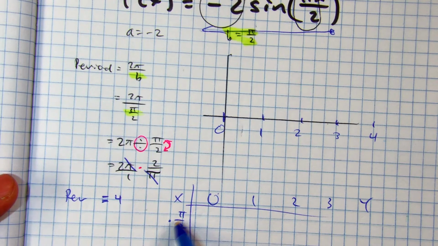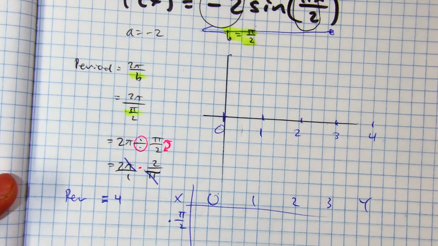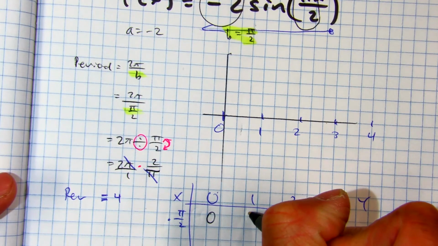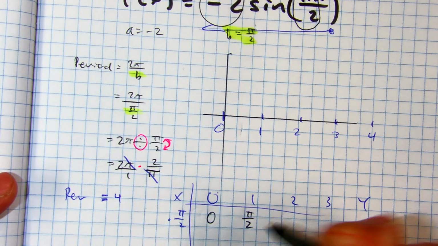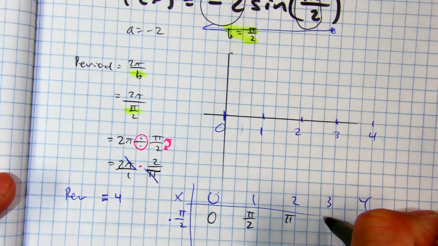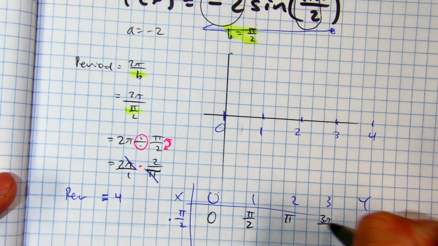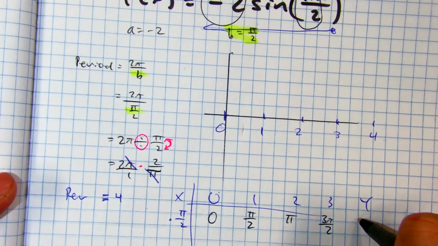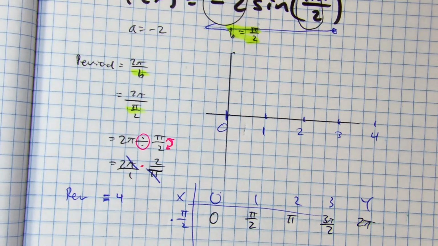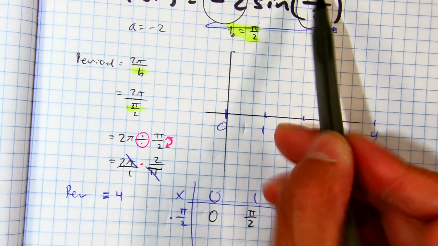Ruben, multiply. 0, pi over 2, 2 pi over 2, which reduces to pi. Yes. 3 pi over 2. And 2 pi. Good.